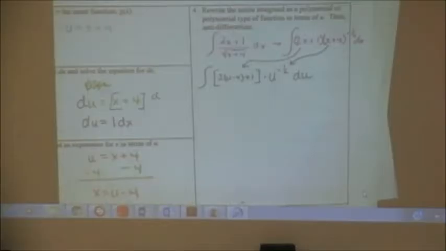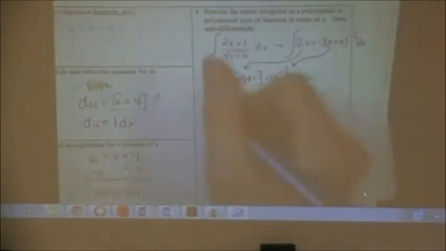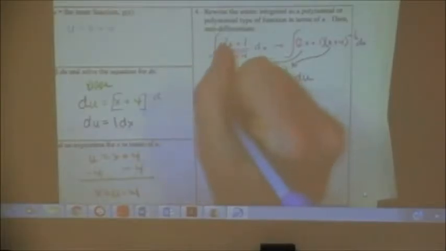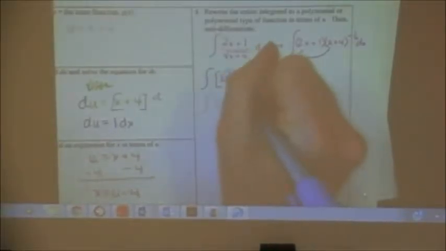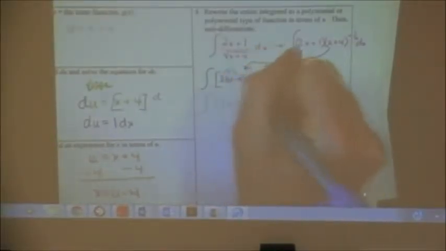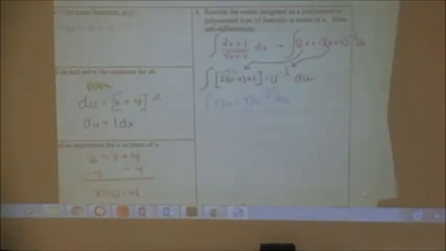Now before I actually integrate, I'm going to simplify this because I can distribute this to both of those pieces. So now I have 2u minus 8 plus 1, so I'm just going to put minus 7, u to the negative 1/2 du.